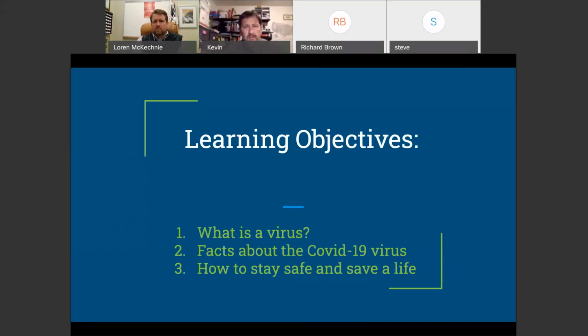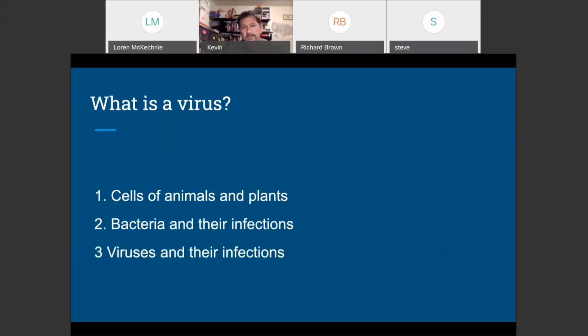I don't think everyone fully understands what viruses are and how they're different than bacteria, for example. Then I wanted to go into a few details on facts that we know about this virus so far. And finally, what we can do to save lives, because in the end, we're actually in charge of saving lives with this virus.